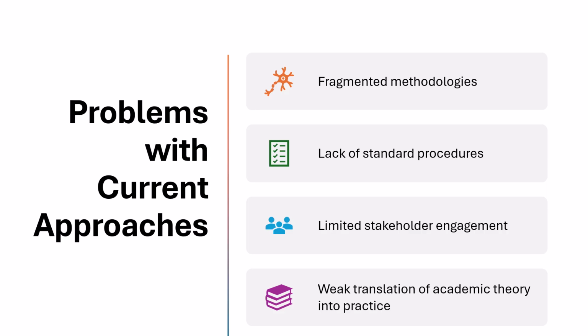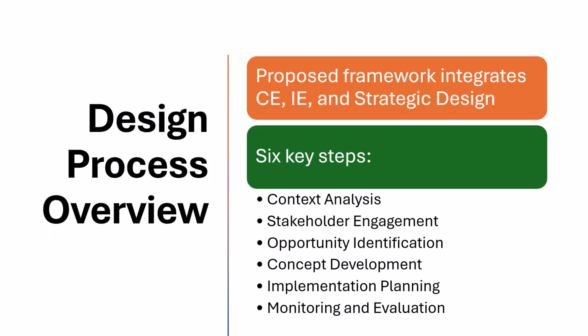This is very weak because whatever we learn in the university, whatever theory that we understand, sometimes it's not easy to be practiced and applied in industry. So these are the problems with the current approaches. It's quite not easy to be implemented due to all these factors.